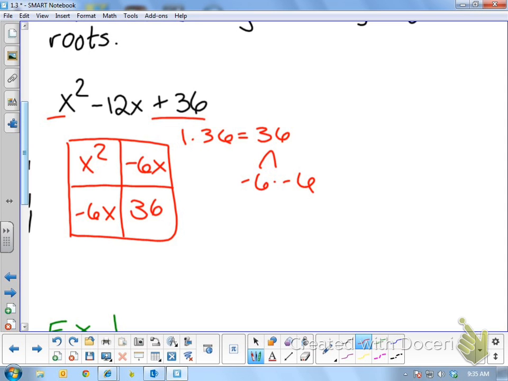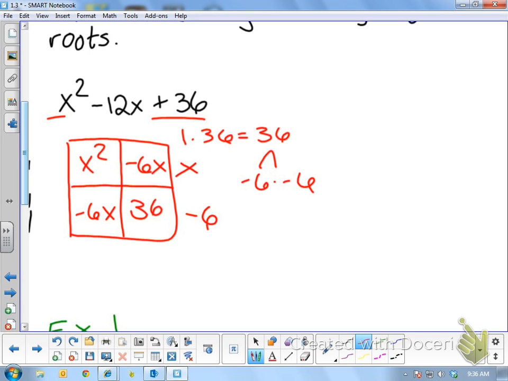So we've set up our box. What do we do next with the box method? Find the greatest common factor. Okay, greatest common factor in the top row is x.